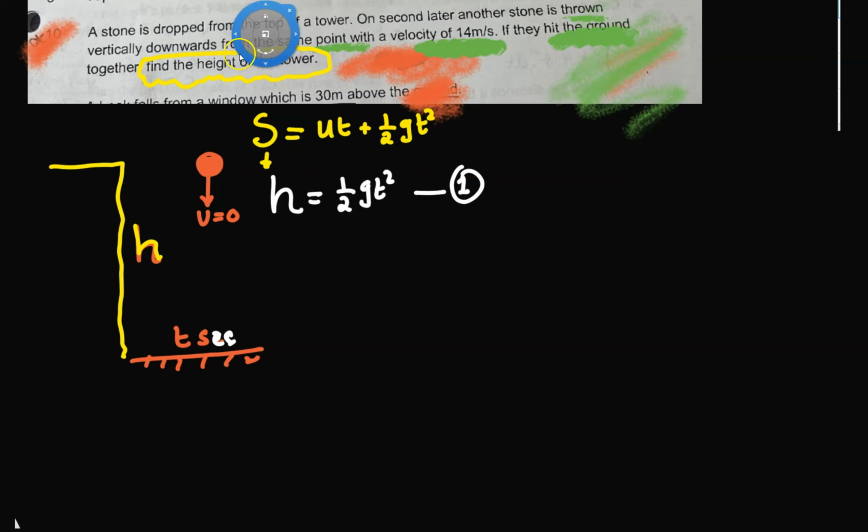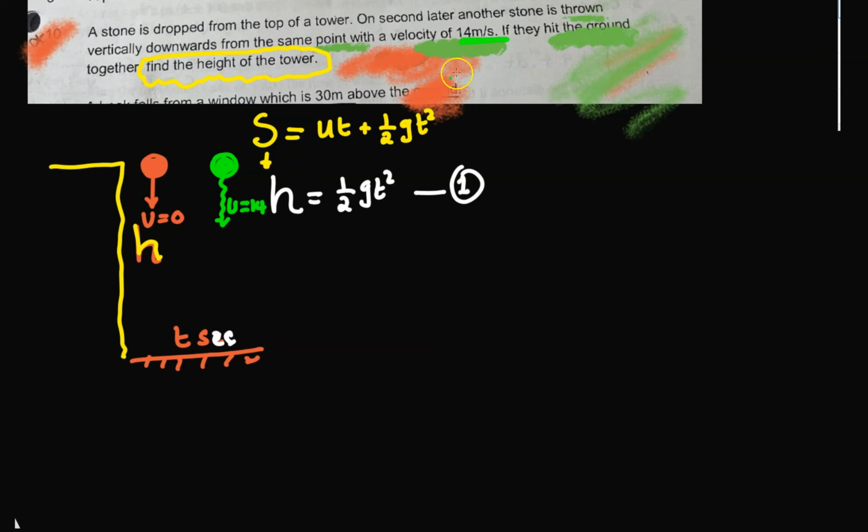Now, having worked out this section, I want us to analyze the second motion. So let me move this a little bit so that we can have space to analyze the second object. Our second object is dropped through the same height, and it is going to have an initial velocity of 14 meters per second.